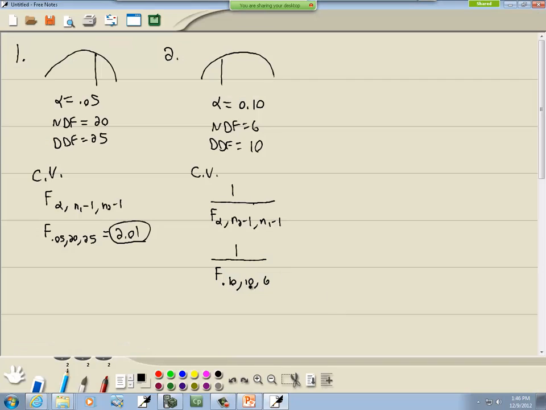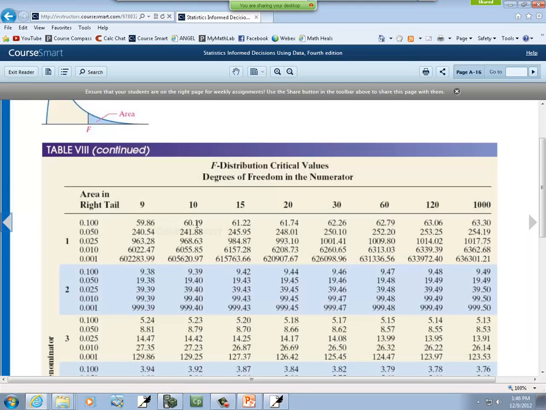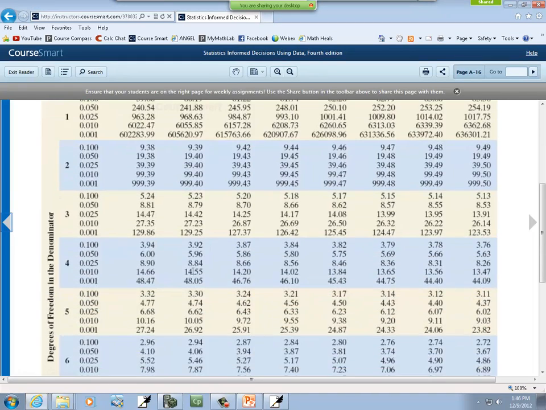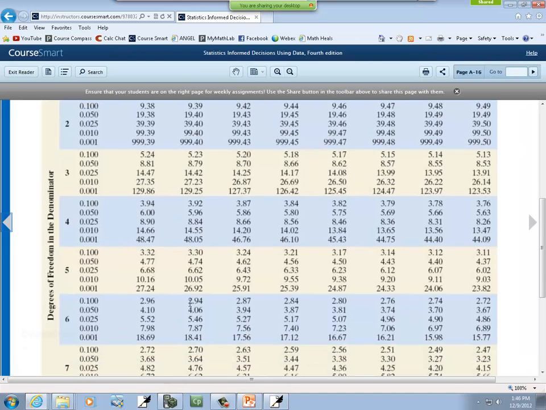Like I said, we flip these around, so we're going to use 10 for our numerator degree of freedom, because it's the left tail. So we're looking in this column, this one right here. And I'm going to scroll down. I'm looking for 6. This is the start of numerator degree of freedom of 10 and denominator degree of freedom of 6.